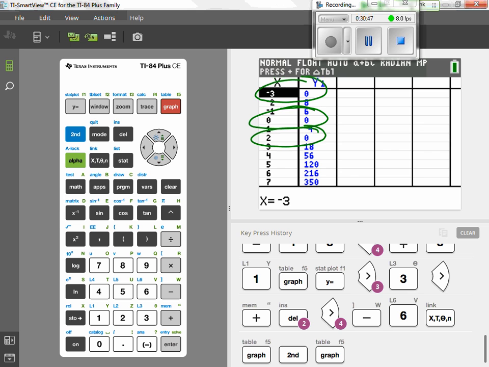-3, 0, and 2. And again, where we're looking for the values to be 0 is in the y, because we're wanting to find out what value of x is going to make the function equal 0. Now, it worked out here that when x is 0, y is also 0. But we're mainly looking to see what values of x make the y value 0.